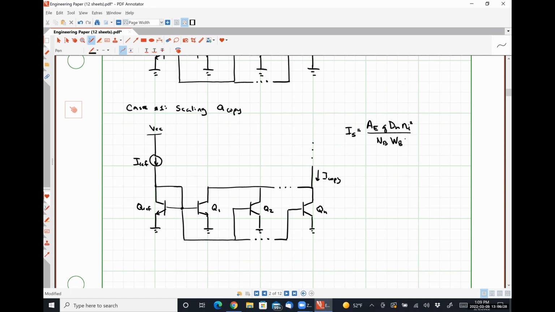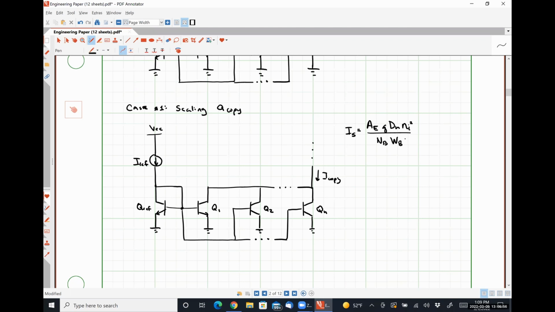Well, when we put transistors in parallel, we're effectively just making AE larger because there are 3 base emitter junctions now. Everything else literally stays exactly the same. By connecting transistors in parallel, we make it look like a transistor that is n times as large as a single transistor. Okay.